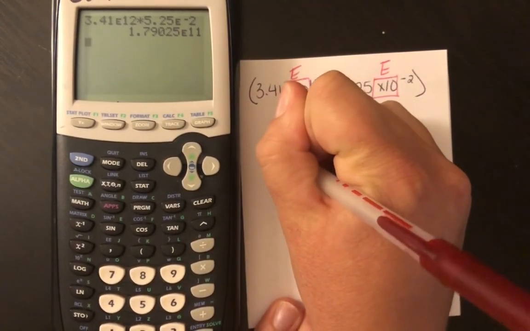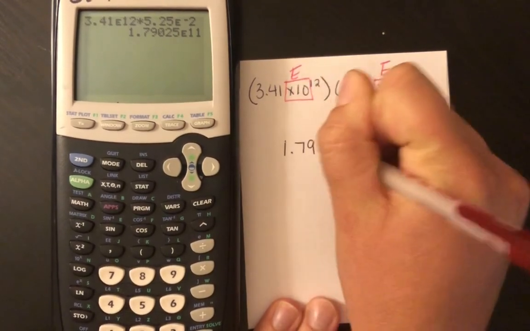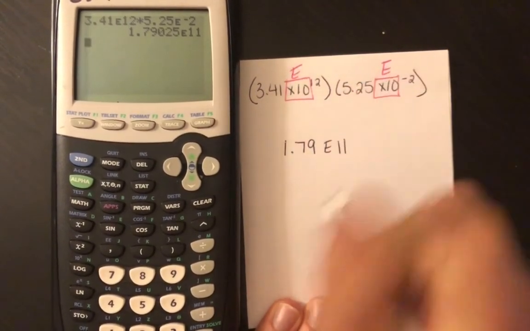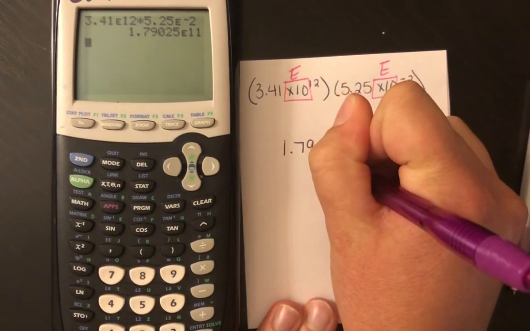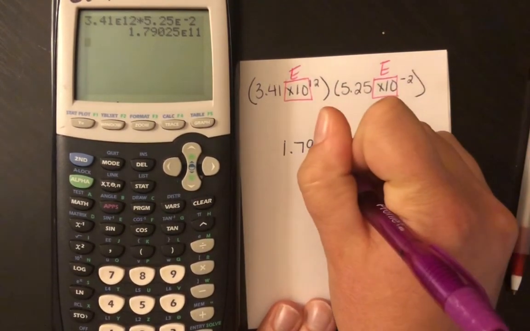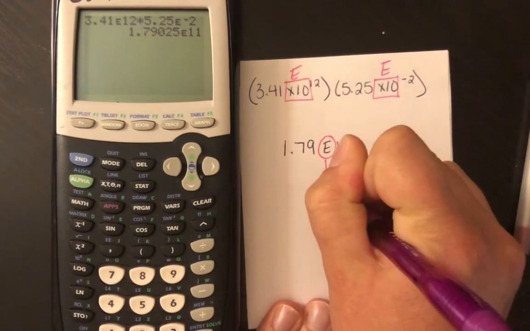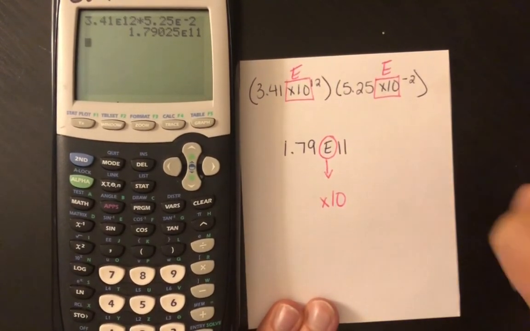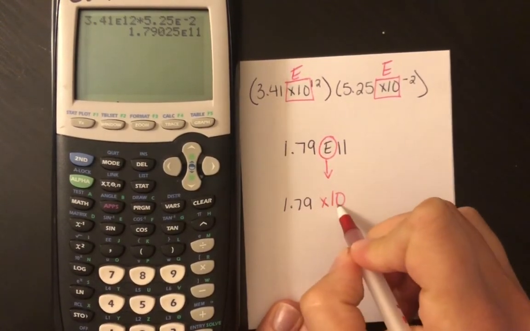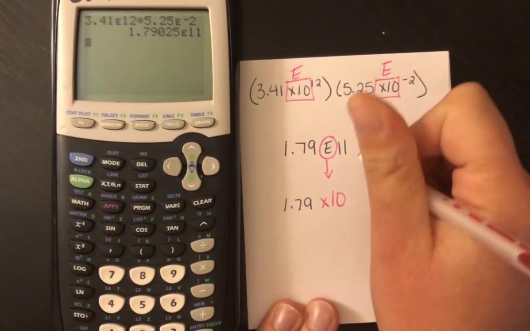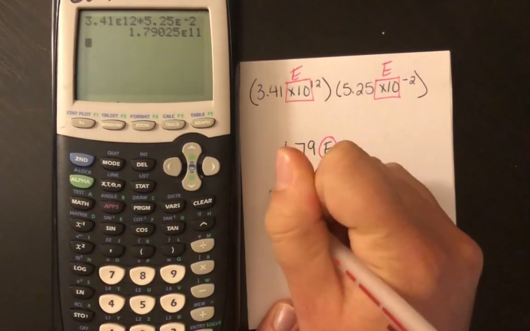So we can see in our calculator we have 1.79 E11. That's great, but it's not proper scientific notation. So we need to change the E in our answer back to times 10. So our answer is 1.79 times 10, because that's what E means, to the 11.